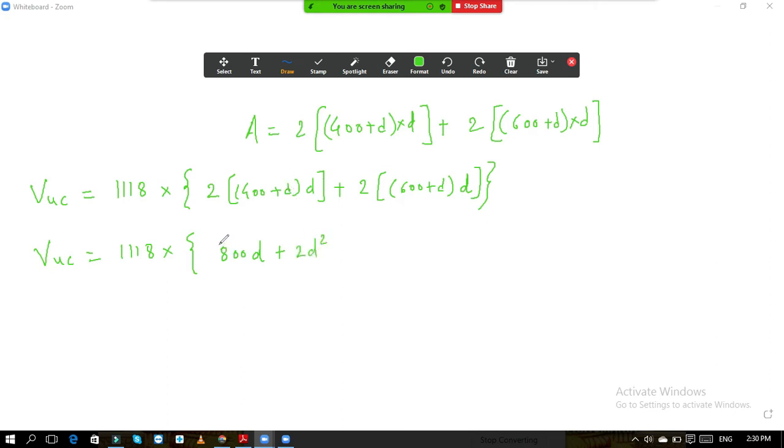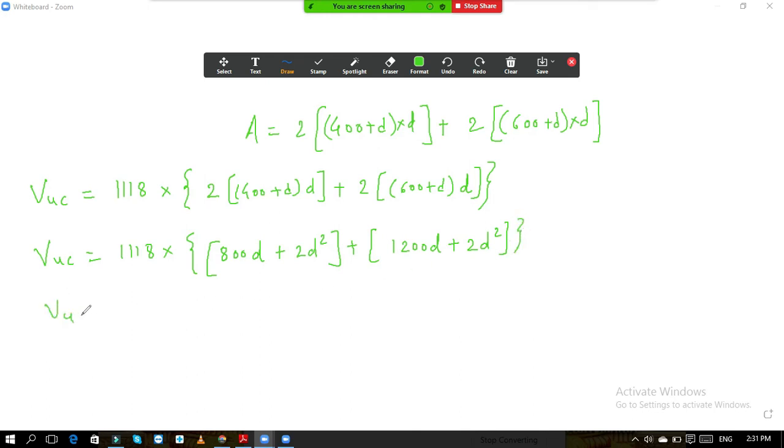This is for the first area. Plus for the second area it is 1200D plus again 2D square. Now everything is in plus.